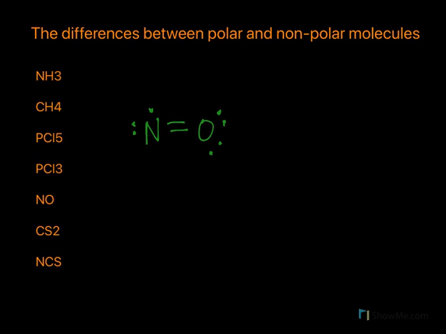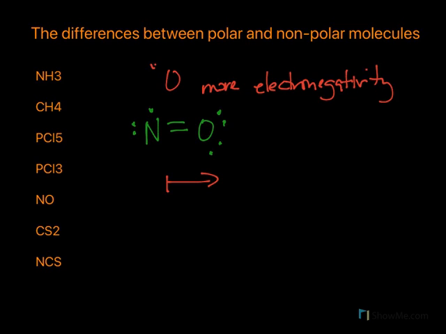As you can see, oxygen is more electronegative than nitrogen, so the electron density is now towards the oxygen because it has more electronegativity. Because oxygen has more electronegativity than nitrogen, this is a polar molecule because there is a bias of electron density that way. So this is polar.